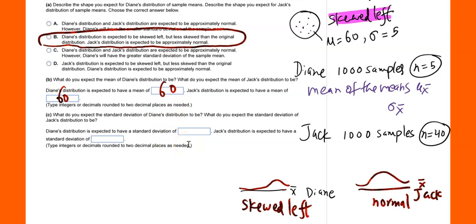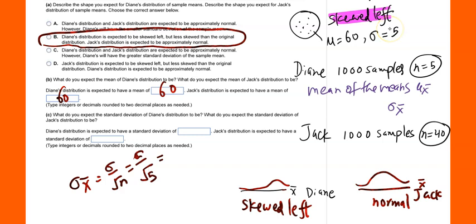But if you look at the standard deviation of Diane, sigma x bar equals sigma over square root of n, where sigma is 5 here, right?